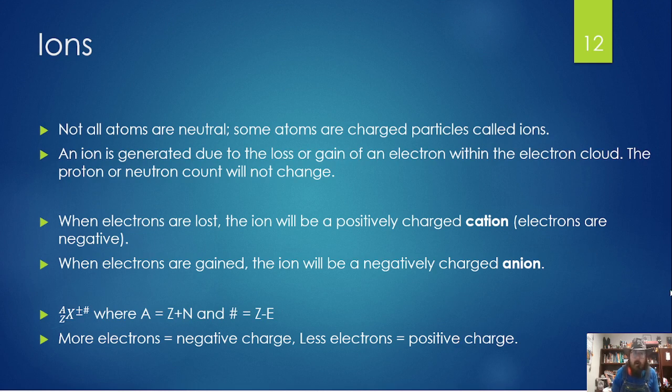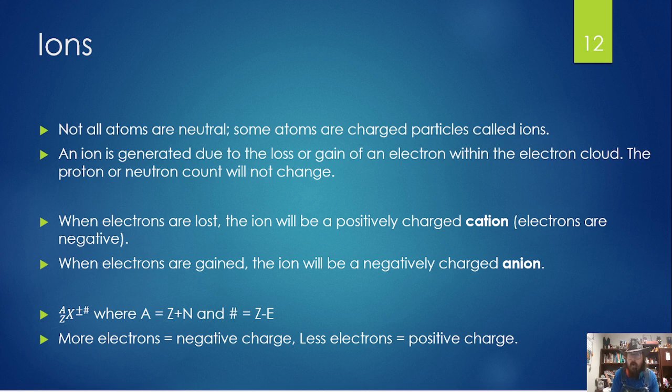Now, not all atoms have to be neutral. Some atoms will become charged particles called ions. An ion is generated when we lose or gain an electron from within the electron cloud. The proton and neutron count will not change in our chemistry.